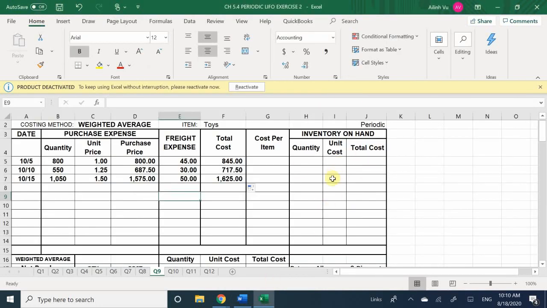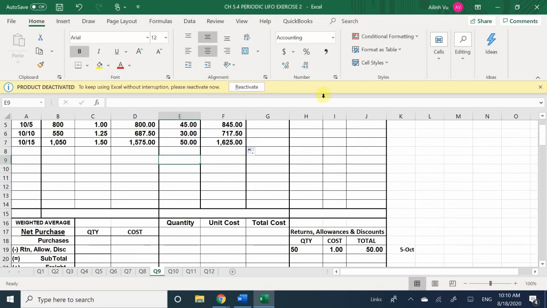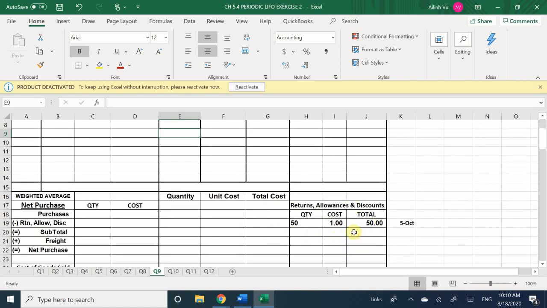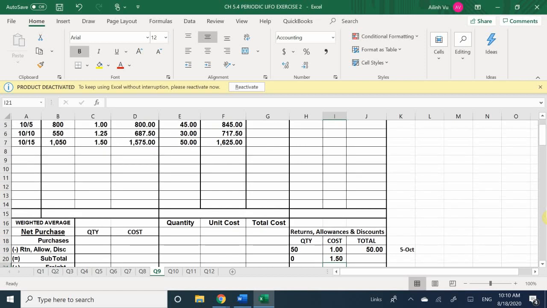So we're going to go back down here. Let's first see how much each item cost. How much did I originally purchase them for? $1.50, correct, because this is assuming it's the previous batch. And we're returning 150 items, but we're not really returning anything here. I'm going to make a note that this is the batch that we're taking from.